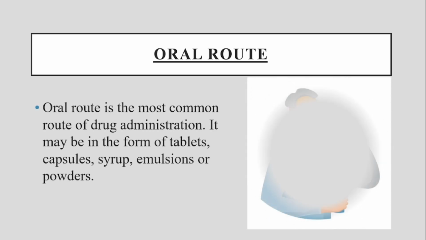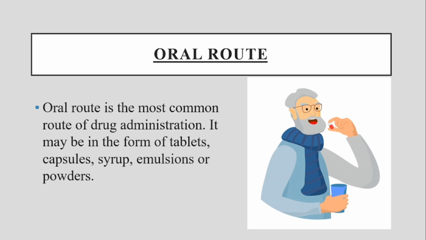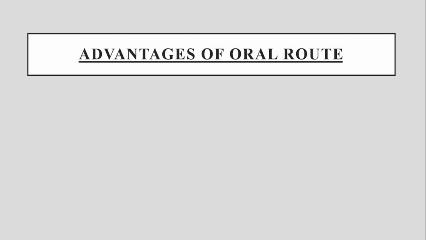Oral route is the most common route of drug administration. It may be in the form of tablets, capsules, syrups, emulsions and powders. There are many advantages of the oral route of administration, like it is the most convenient route of administration.